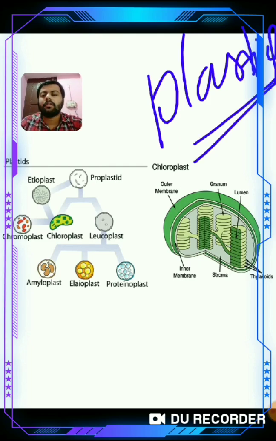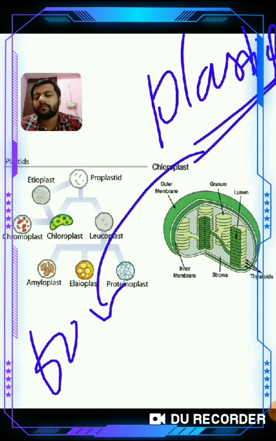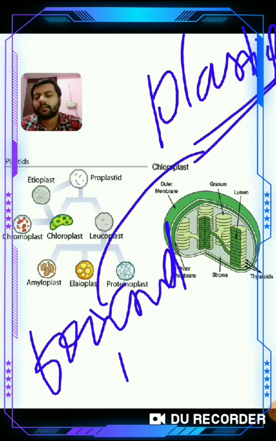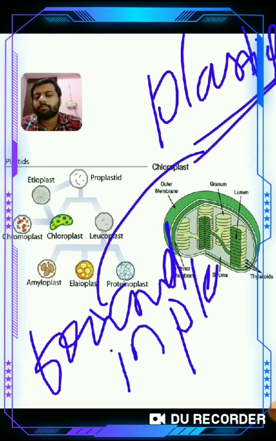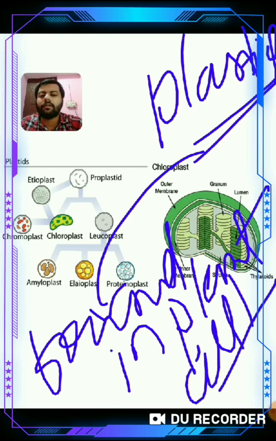Before we go to the shape of the plastid, let us mention one important point: plastid is only found inside the plant cell.